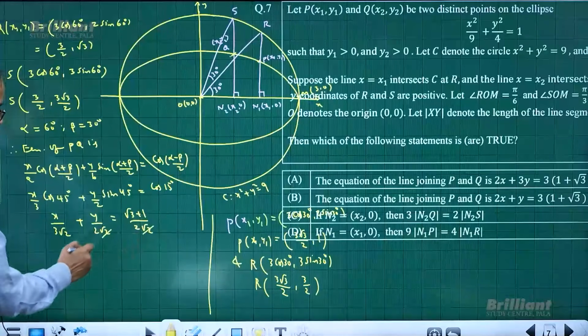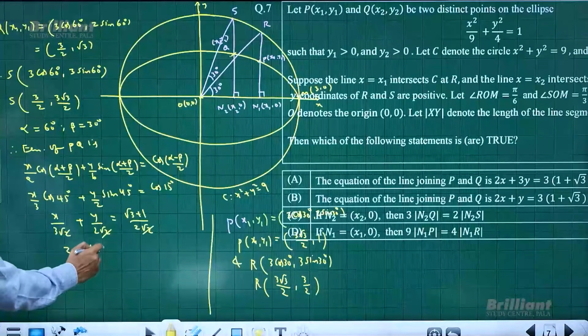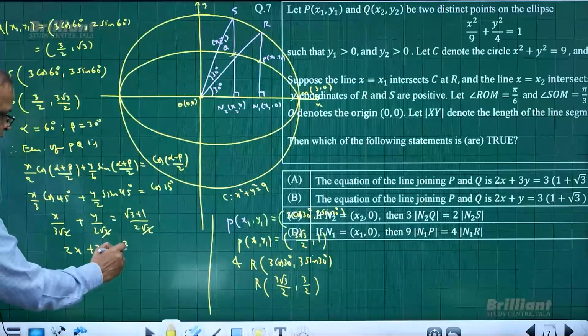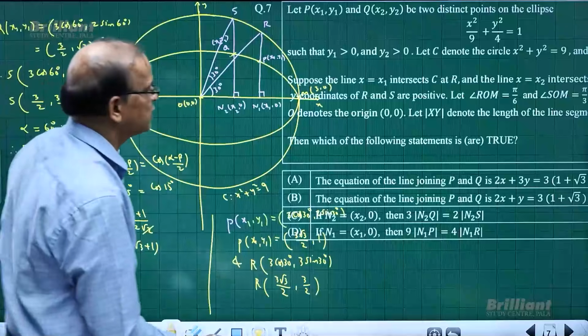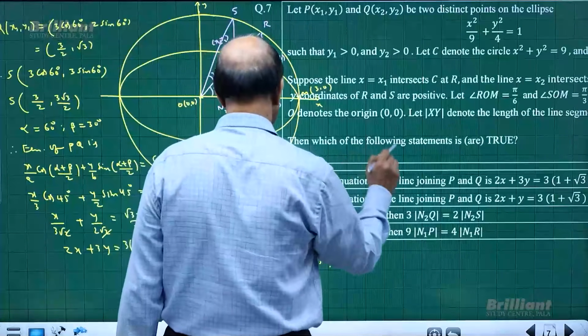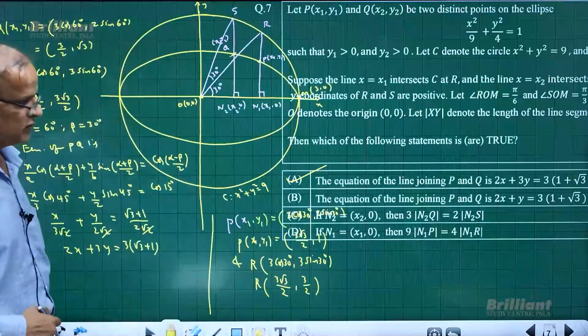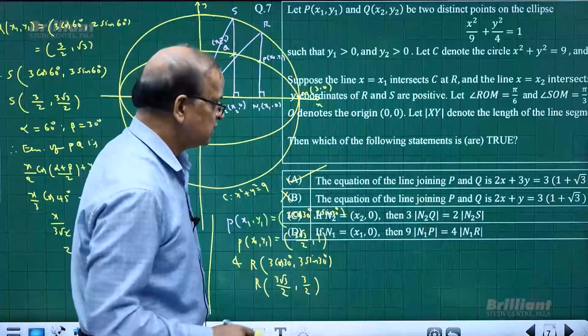So, root 2 cancels, LCM 6, so 2x plus 3y equals 3 into root 3 plus 1. So, this is A, correct. B is wrong, because it is the same question.